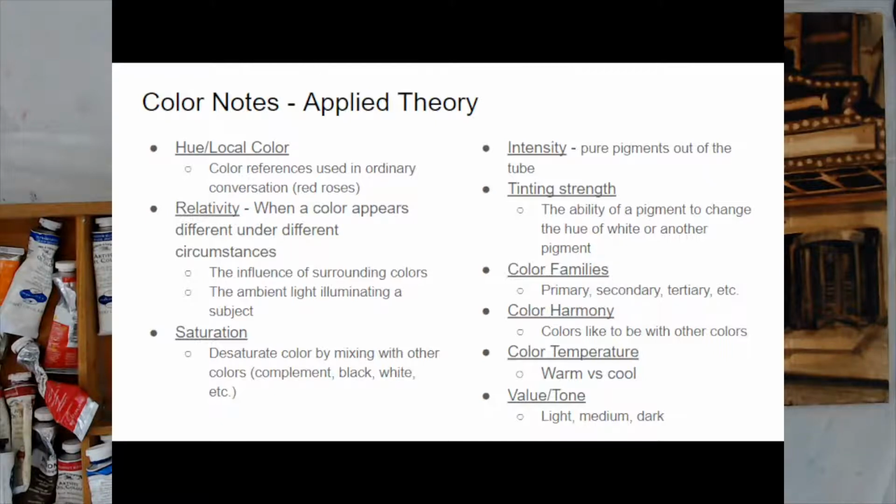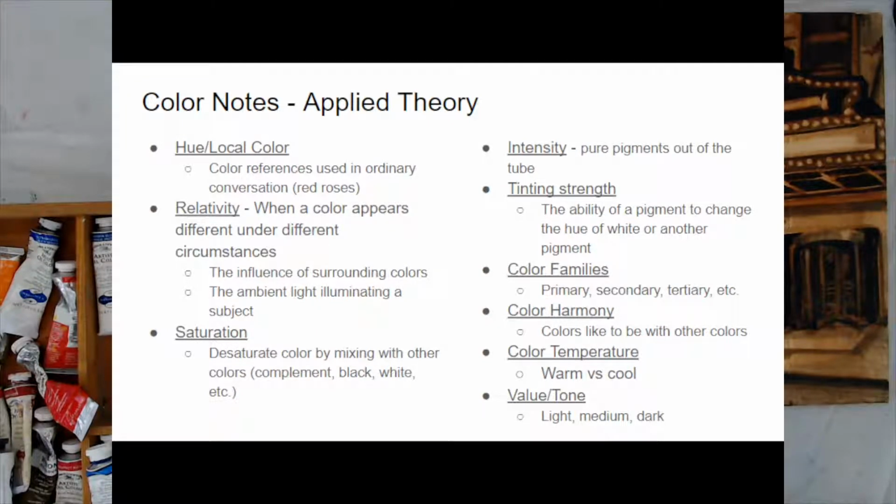You desaturate it the most by mixing it with the opposite color on the color wheel. So you neutralize a red by mixing it with green. You brown out or gray out an orange by mixing it with blue, much in the same way we did the sepia tone underpainting. What we did was we mixed a dark orange, the burnt sienna, with a blue. That's an example of desaturating a color.